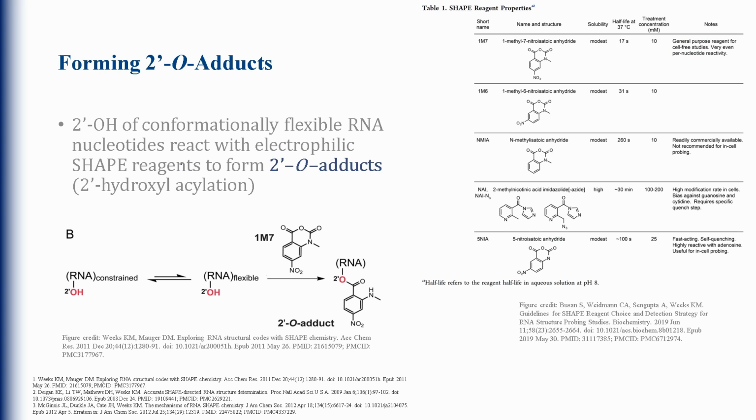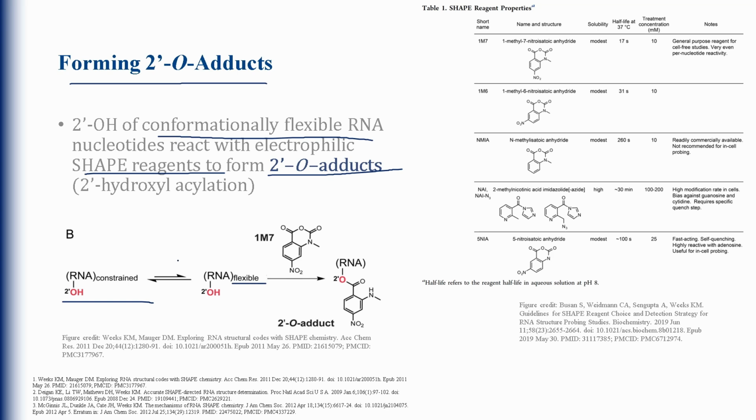What SHAPE reagents do is form 2' oxygen adducts. The 2'-hydroxyl of conformationally flexible RNA nucleotides will react with electrophilic SHAPE reagents to form 2' oxygen adducts. This is basically 2'-hydroxyl acylation. You can see on the figure at the bottom a constrained conformation of a particular RNA with the 2'-hydroxyl in red, and you can then see a flexible conformation.